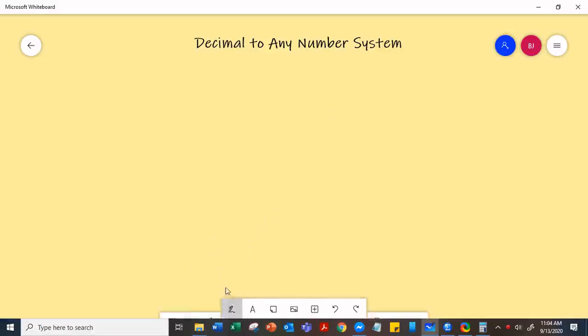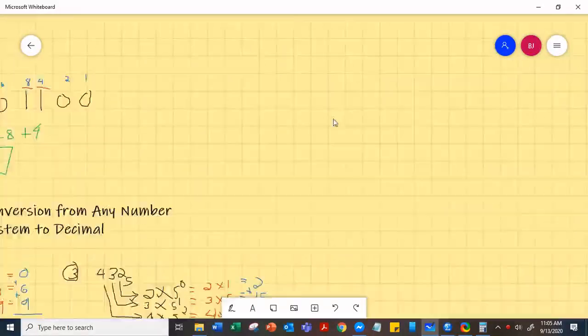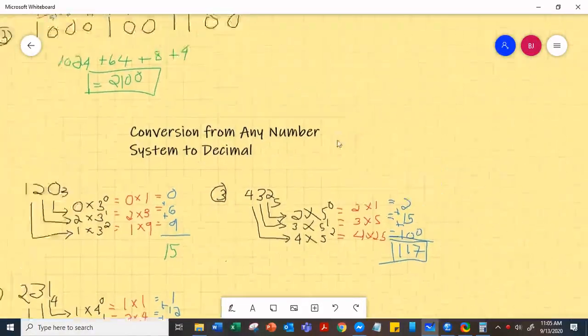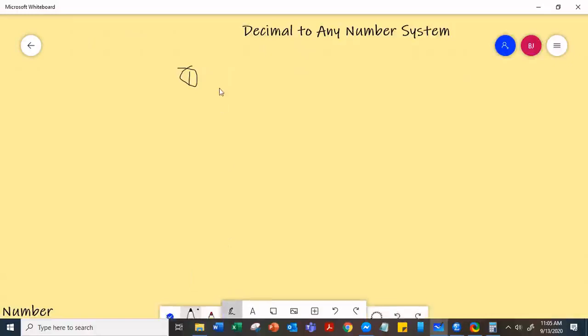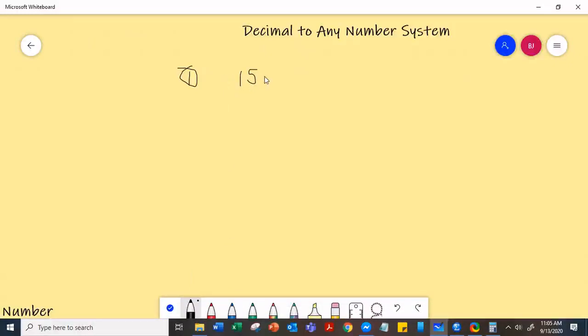Okay. So let's have our first example. We have 15. Convert it to base 3. What we do is we continuously divide by 3, or the base.